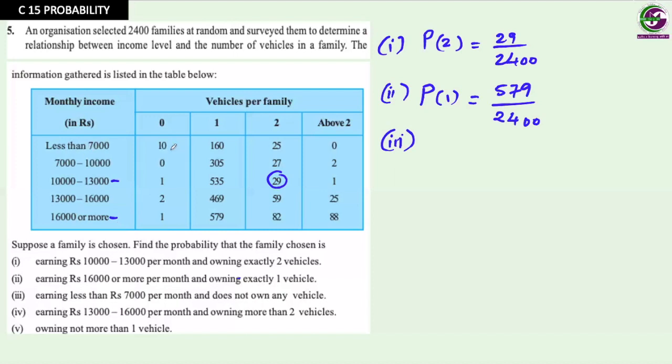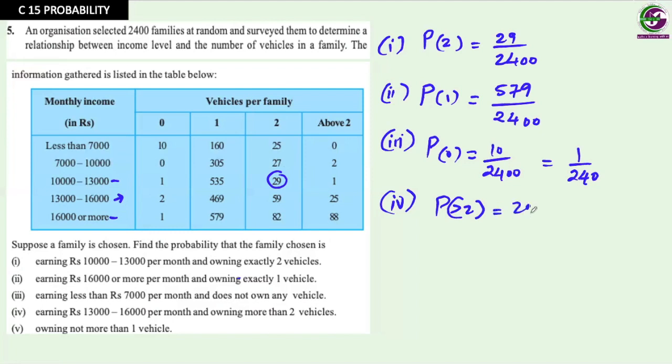Less than 7,000 and no vehicles is 10. 10 out of 2,400, which can be simplified as 1 by 240. Number 4, earning 13,000 to 16,000 and having more than 2 vehicles. More than 2 vehicles is 25. More than 2 is 25 by 2,400. We can divide by 25, so 1 by 96.